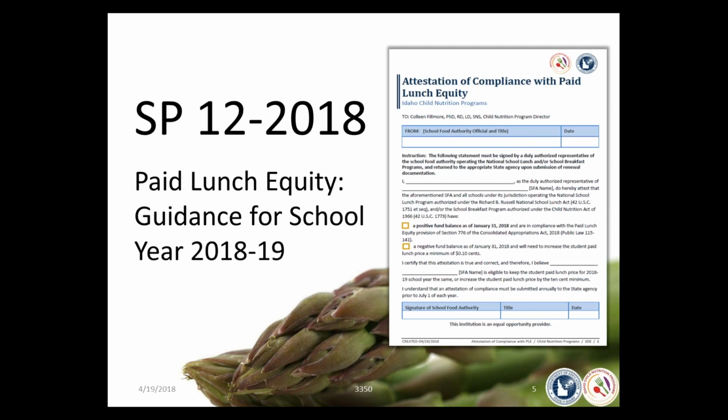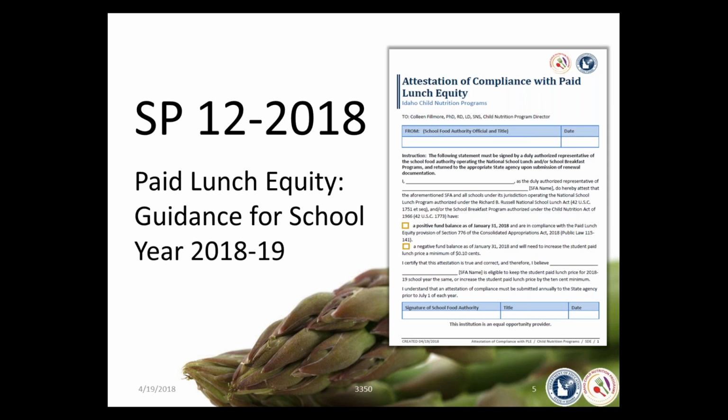In Section 776 of the Consolidated Appropriations Act 2018, Public Law 115-141, the Act, Congress provides that only school food authorities, SFAs, that had a negative balance in the nonprofit school food service account as of January 31st, 2018, shall be required to establish prices for paid lunches consistent with the terms of this Act.